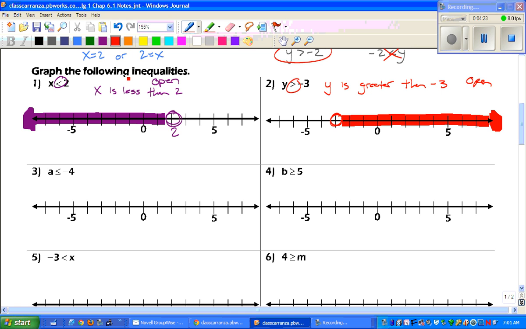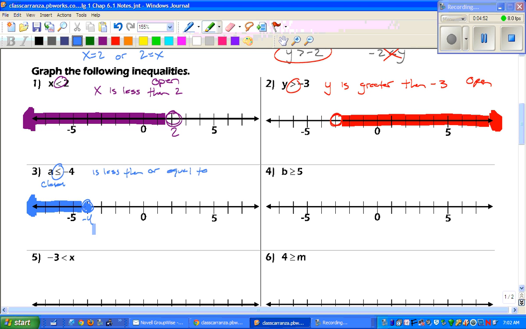All right, let's look at the next one. This is saying is less than or equal to. So at -4, this is going to be closed because of the symbol, which means you're going to shade it in. And then I want everything that is less than that.